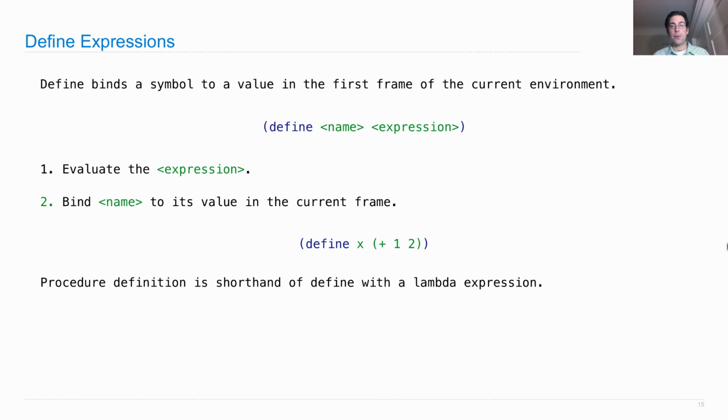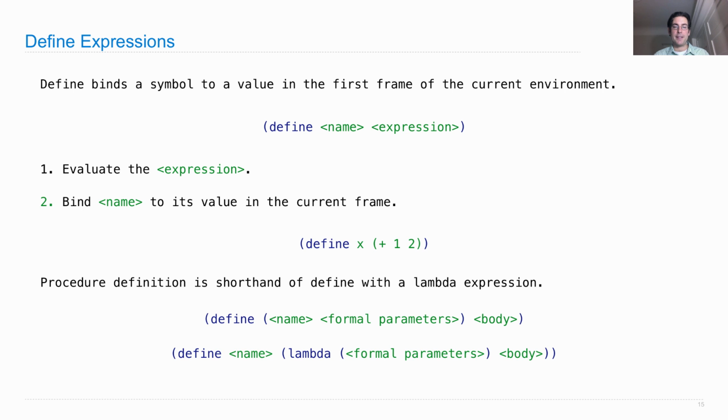Procedure definition is shorthand for define with a lambda expression. So when I say I'm going to define a new procedure which has a name and some formal parameters and a body, all I'm really saying is I'm going to define a new name that evaluates to a procedure with some formal parameters and a body.